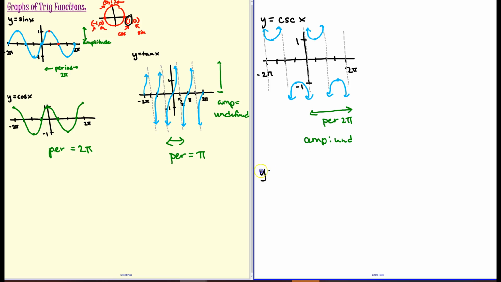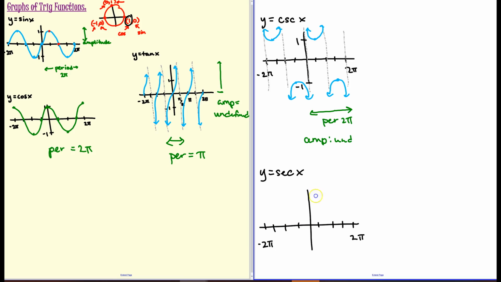Okay, for the secant graph, we would take the reciprocal of the cosine graph. So that's going to happen just like the other one I just did, where you have vertical asymptotes everywhere cosine was 0, and you have reciprocals, you have curves going up and curves going down.